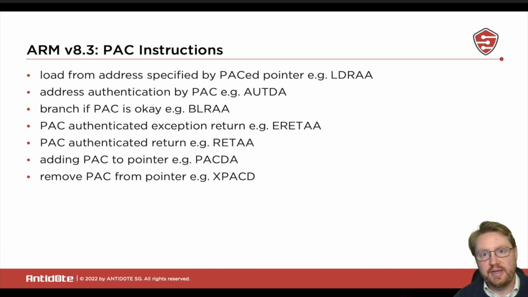As I said earlier, in order to make all of this work, you need support from the instruction set, because this is a feature that cannot be transparently added to your code. So your code must explicitly use these pack instructions. Here is a list of the different classes of instructions that were added to the instruction set. The first one is loads that directly load from a pointer that has a pack code.